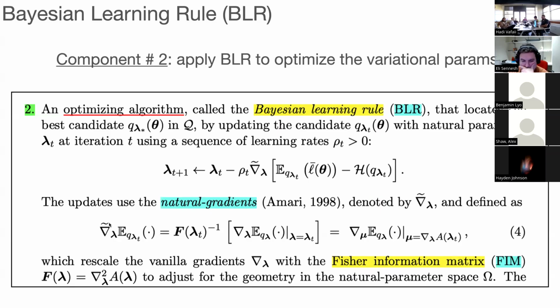So this gradient with a tilde on it is the natural gradient of an expectation, which is just the Fisher information matrix, F inverse, times the normal gradient of the expectation. This is the definition of natural gradient. And they put this in their prescription for a very good reason, which is the point of the next slide. But if you have any questions on this, let's talk about that before I move on.